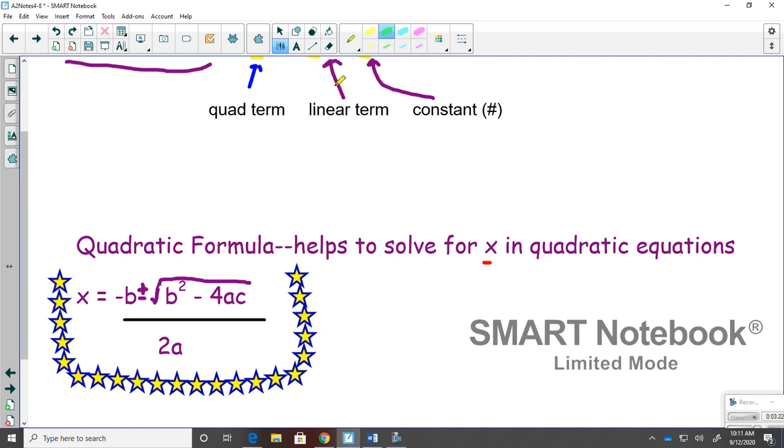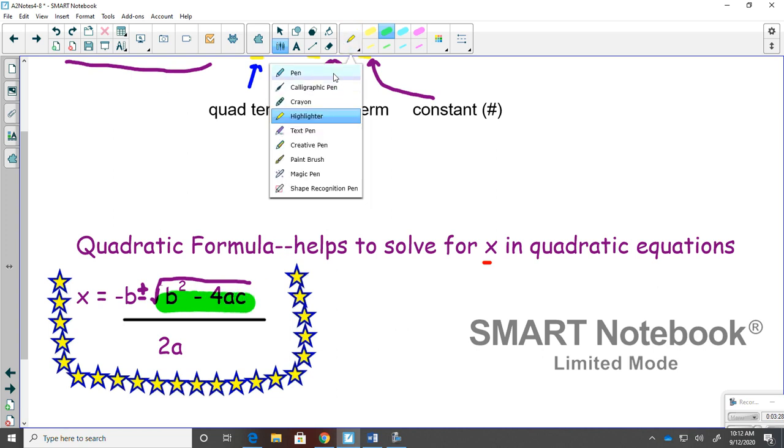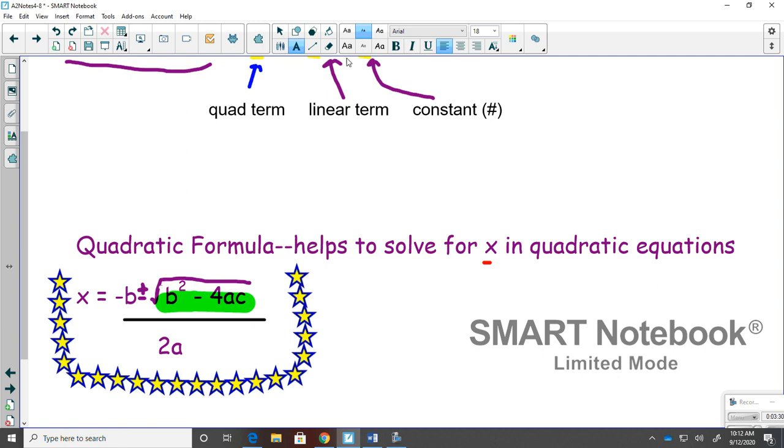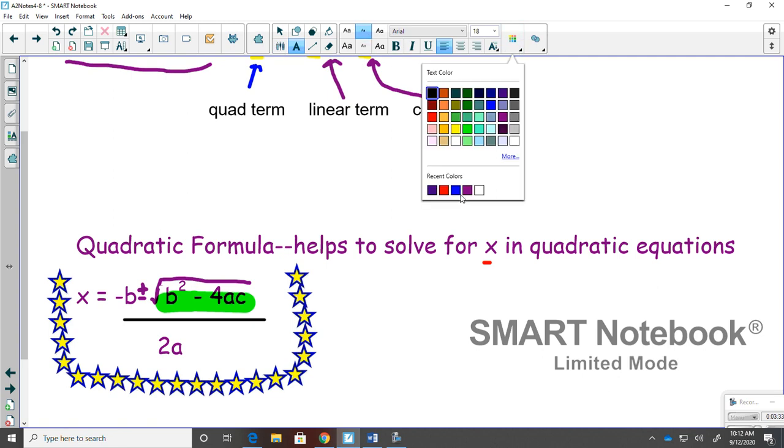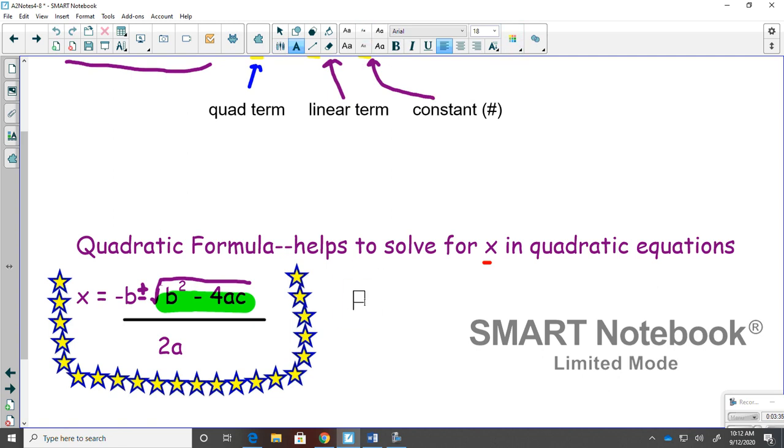The part that is underneath the square root, the part underneath the radical, is called the discriminant. And discriminant is an important word here.